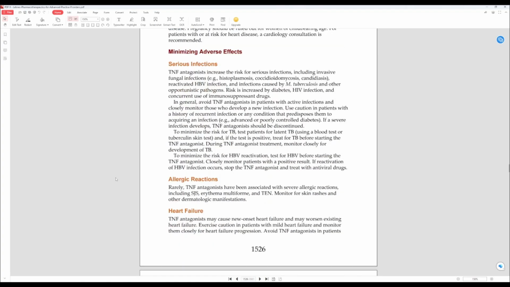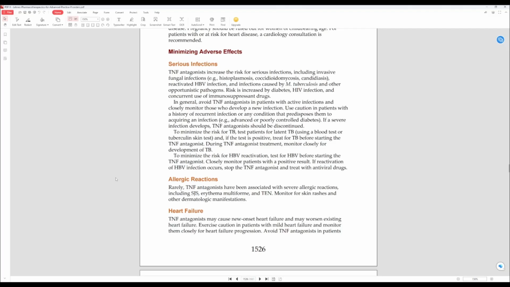Minimizing adverse effects: serious infections. TNF antagonists increase the risk for serious infection, including invasive fungal infections, reactivation of HPV infections, and infections caused by tuberculosis and other opportunistic pathogens. Risk is increased by diabetes, HIV infection, and concurrent use of other immunosuppressant drugs.